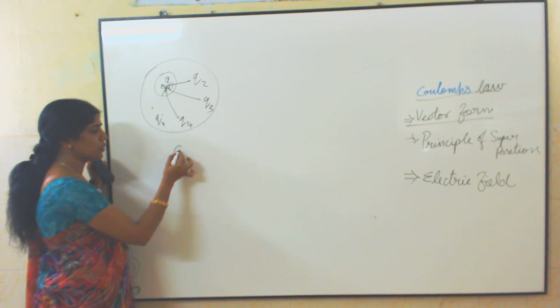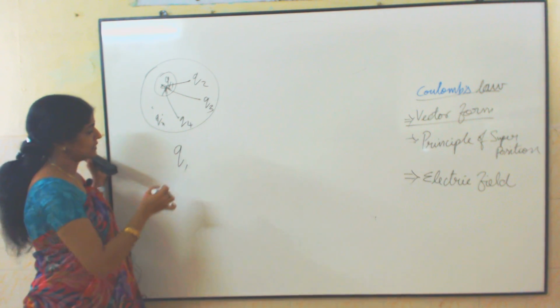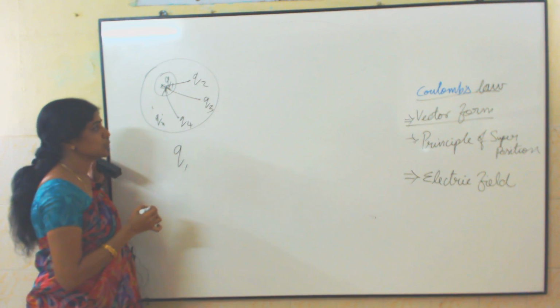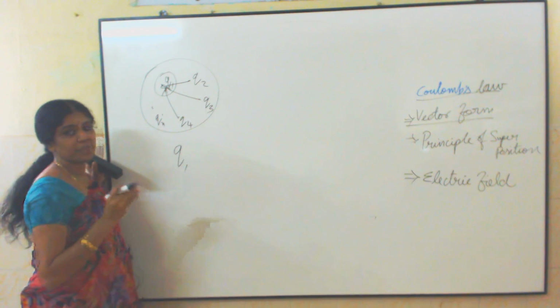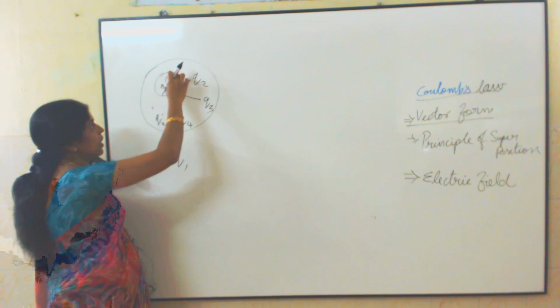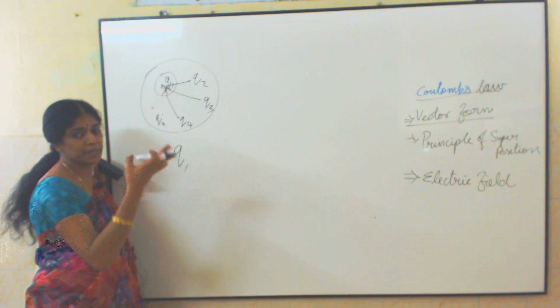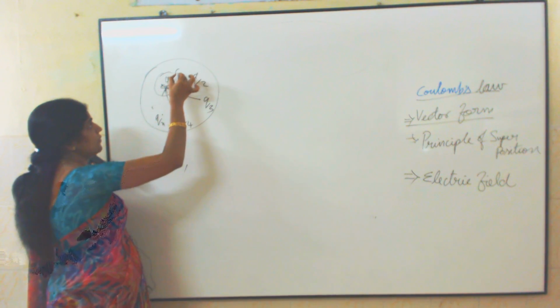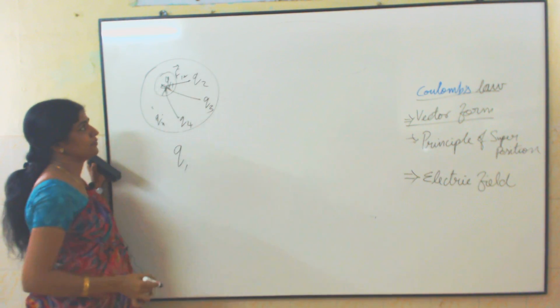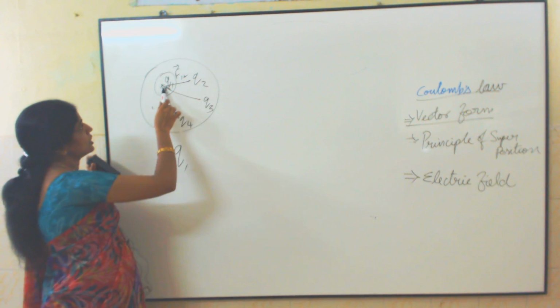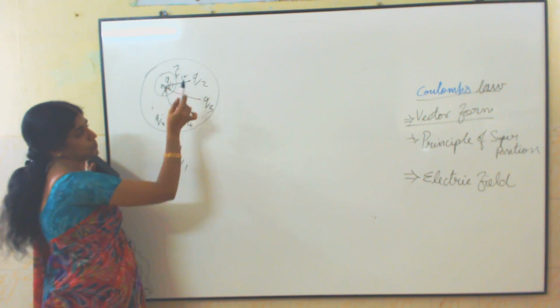So, the net force on this charge Q1 is given by the vector sum of all the forces exerted by the other charges separately. Let F12 vector be the force exerted on the charge Q1 by Q2.